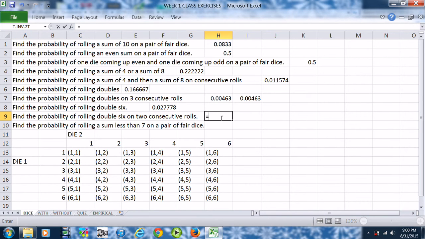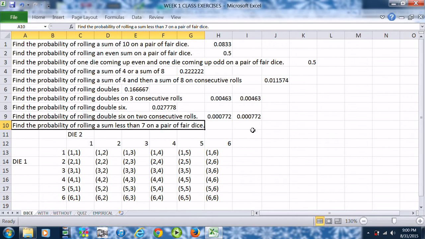So we already saw that that was 1 out of 36 for the first, and, or times, 1 out of 36 for the second roll to get 0.000772. We could have just as easily done 1 out of 36 squared, since it was multiplied by itself twice. Don't forget to put parentheses around the fraction, and we get the 0.000772 again.